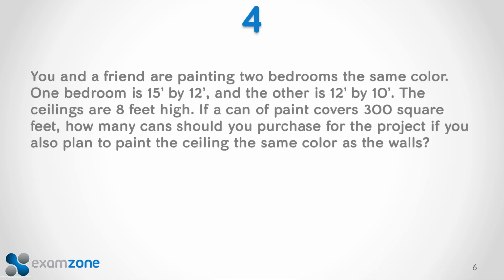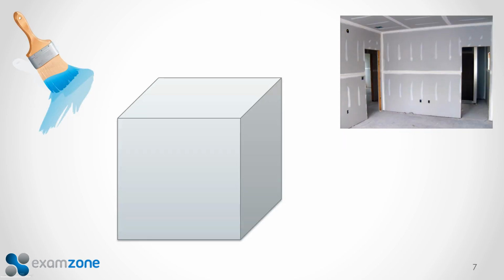All right, now this one takes some patience. We're painting 2 bedrooms of different dimensions. How much paint should we buy? So we got a 15 by 12 and a 12 by 10 room. Ceilings are 8 feet tall.